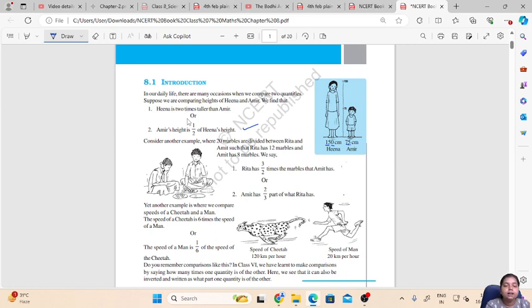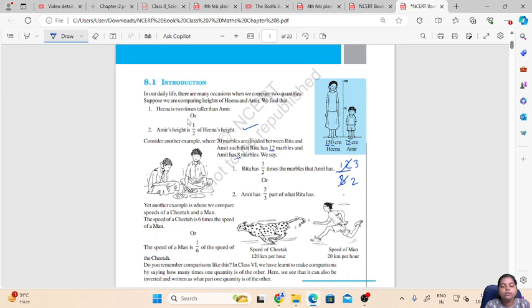Rita has 12 marbles and Amit has 8 marbles, correct? So 12 divided by 8. 4 3s are 12 and 4 2s are 8. That's why we got 3 by 2 times the marbles that Amit has. We have to convert it into a fraction for better understanding.